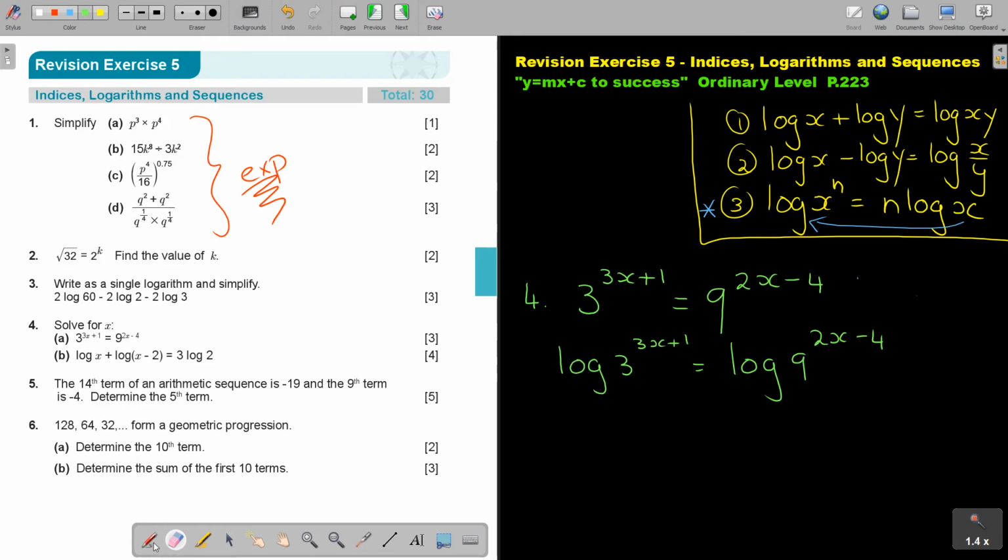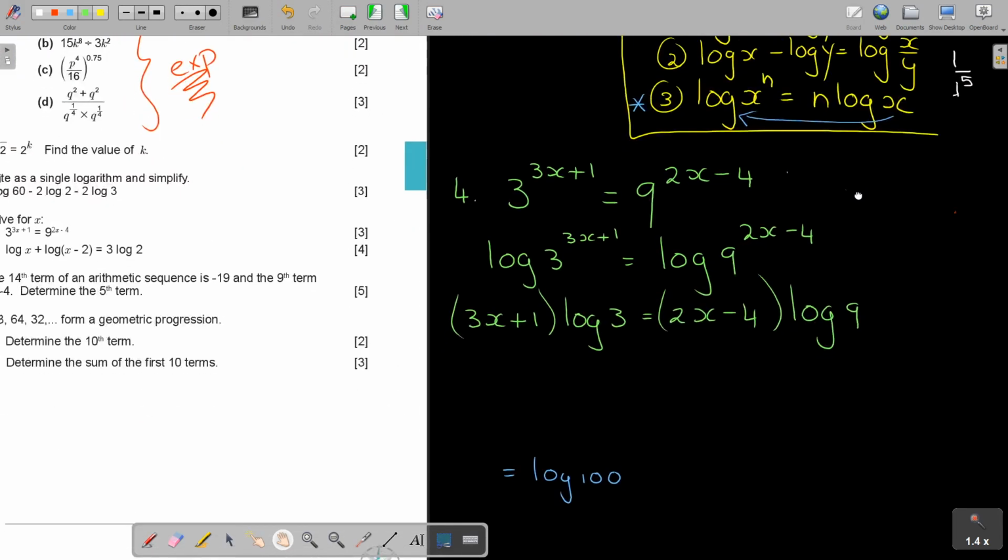Okay, so I'm going to get 3x plus 1, and remember it's in front, and I have log 3 equals 2x minus 4 log 9. Okay, and now I want to see if I can divide that, if this is going to help me, if I'm doing that.